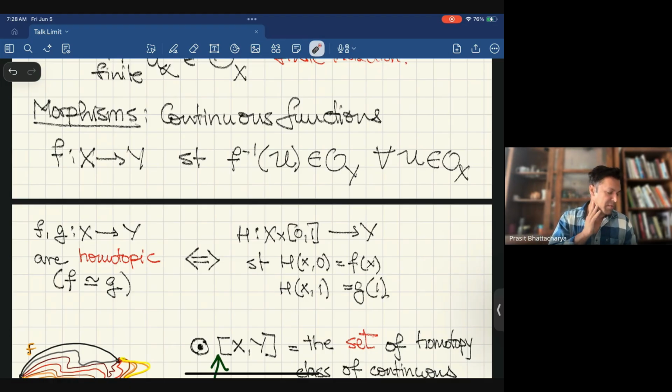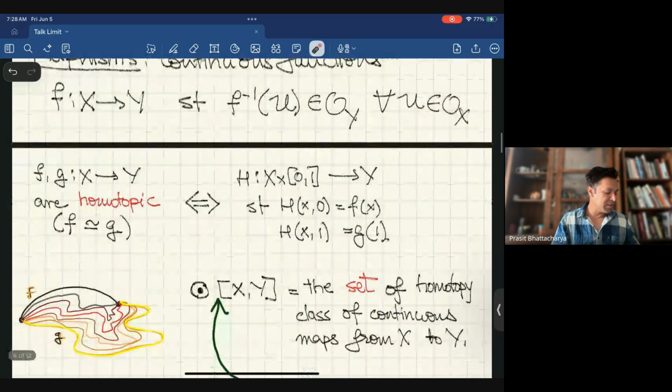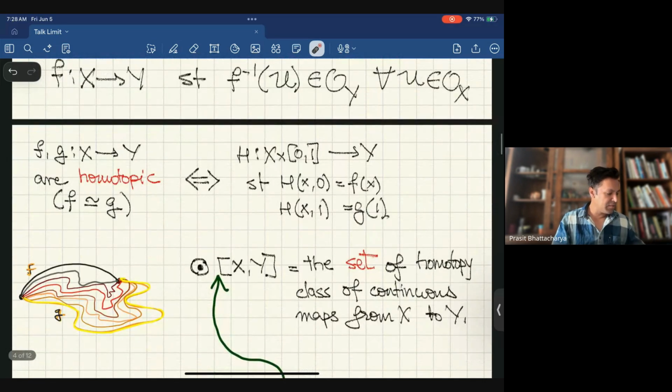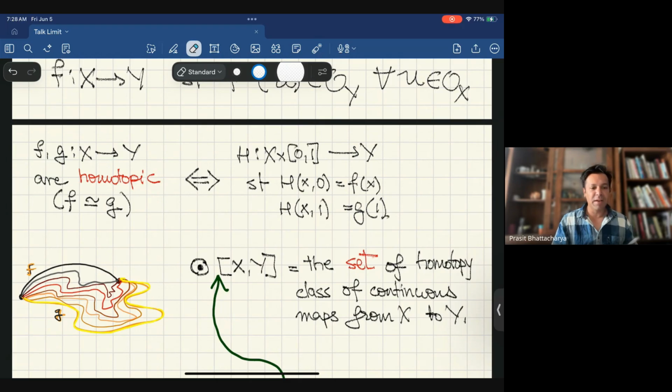So what is homotopy? Well, we say that two maps are roughly the same, or homotopic, if over a unit of time we can deform one map to the other. That means you were at f, but over a time interval you can change your map little by little continuously, and then get to g. Then f and g, although they look like very different maps, are effectively the same map if you study things up to homotopy.